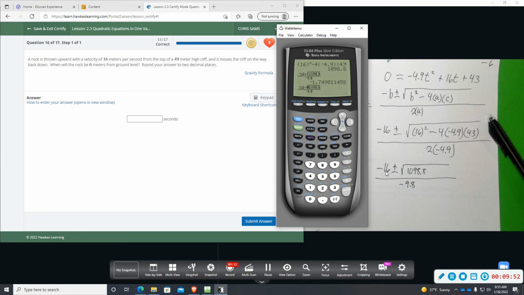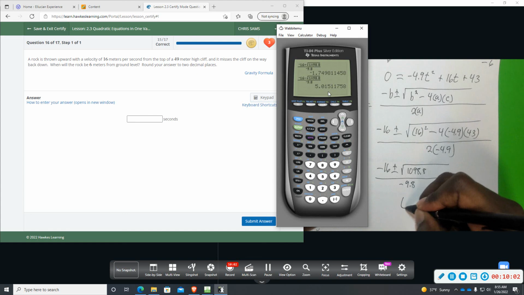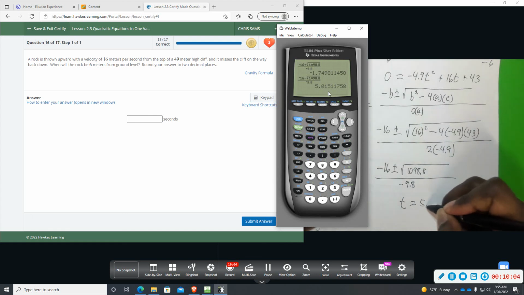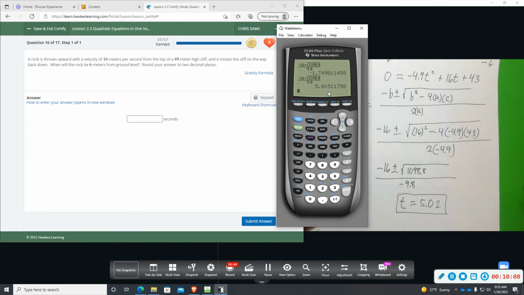So it's the same thing. Hit enter, and this time we get 5.01, rounded to 2 decimal places would be 5.02. So we get t equals 5.02 seconds. So this is when the ball is going to be 6 meters from the ground.